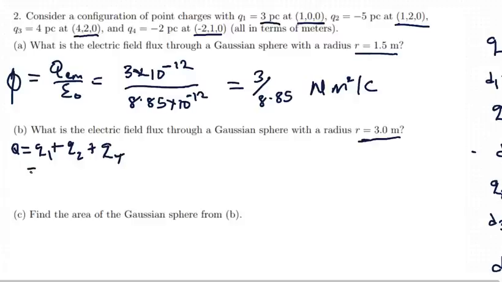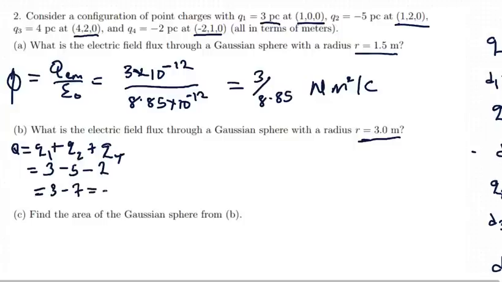Q1 is 3 picocoulomb, Q2 is minus 5, and Q4 is minus 2, and this is equal to 3 minus 7.